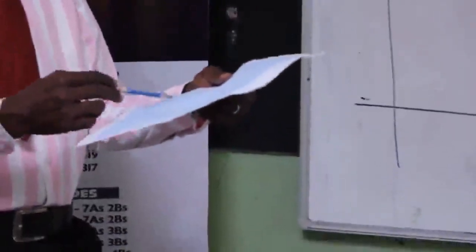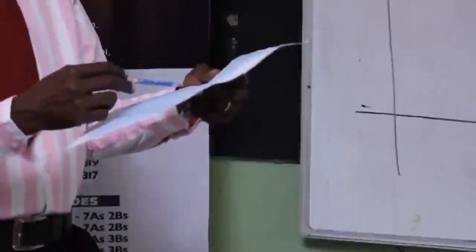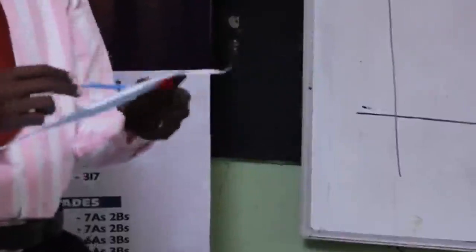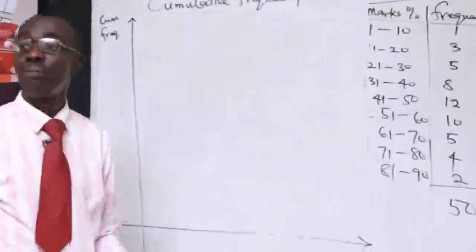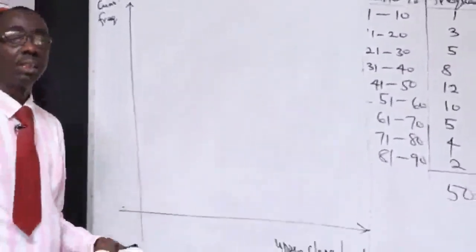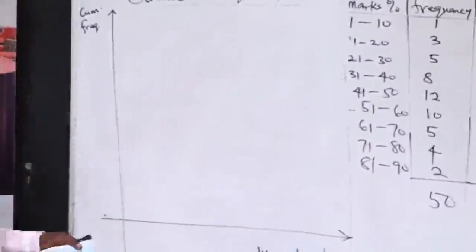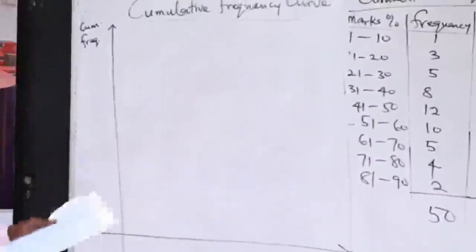This will be 5, 10, 15, 20, 25, 30, 35, 40, 45, 50. We are good. So on the y-axis, my scale is 2 centimeters to represent 5 units.